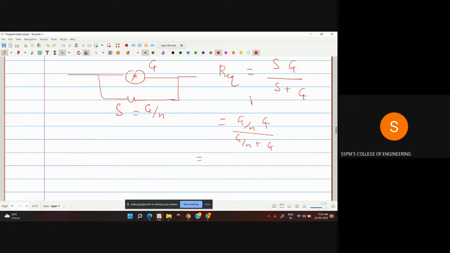Now solve this. What will this come to? G square divided by N, divided by G into 1/n plus 1.